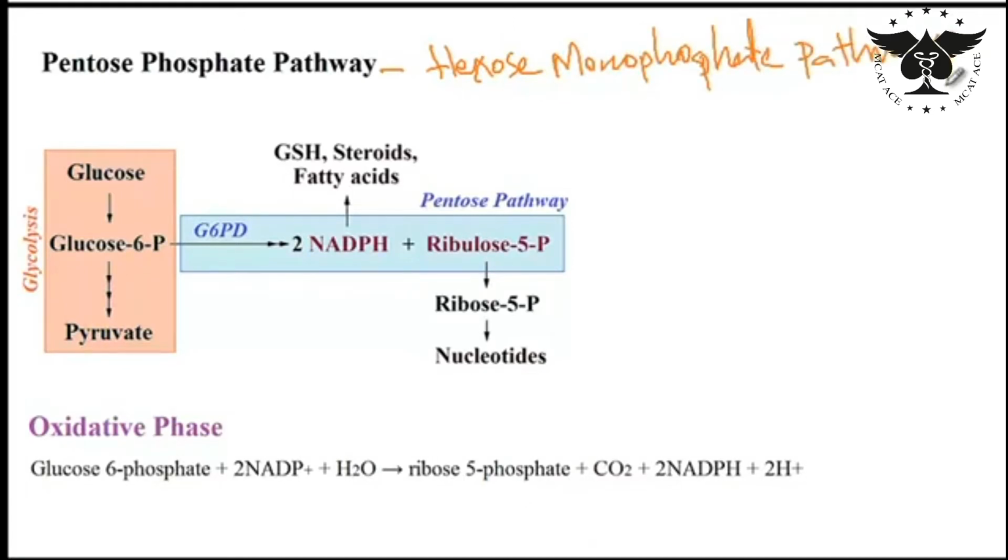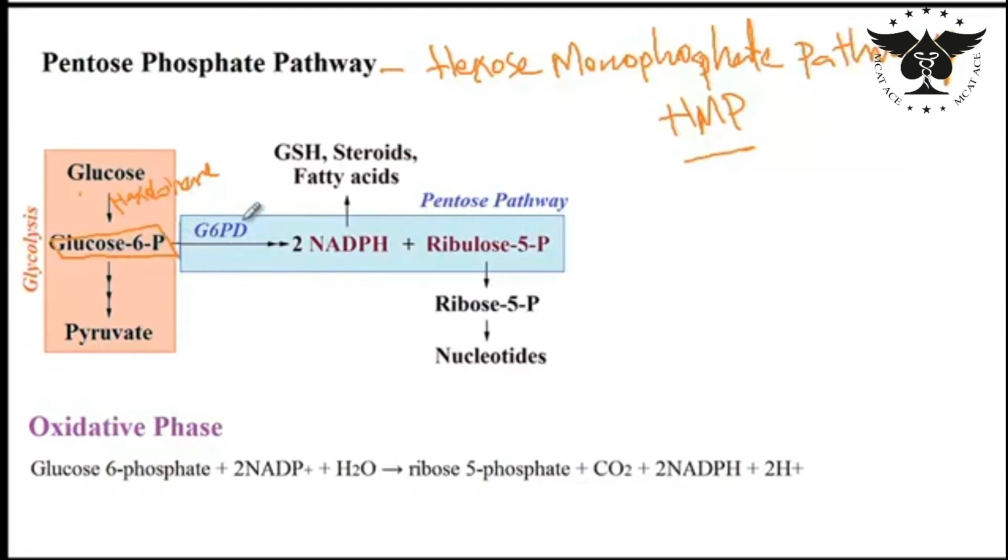So sometimes you hear the HMP pathway. That's what we are referring to, the pentose phosphate pathway. And here you can see that in this reaction, glucose through glycolysis will be converted to glucose 6-phosphate. That's the first reaction, and that was via hexokinase. These were all reviewed in the first lecture.